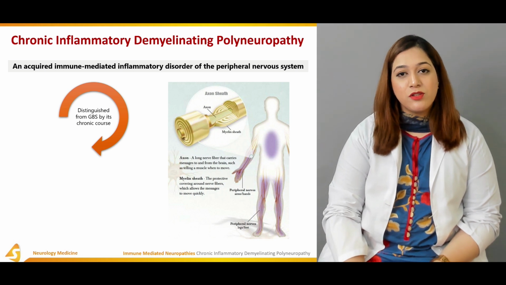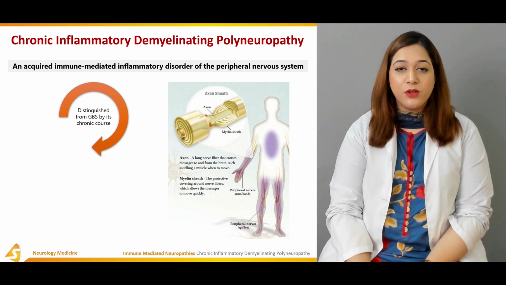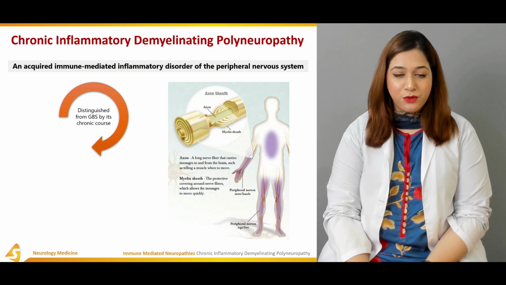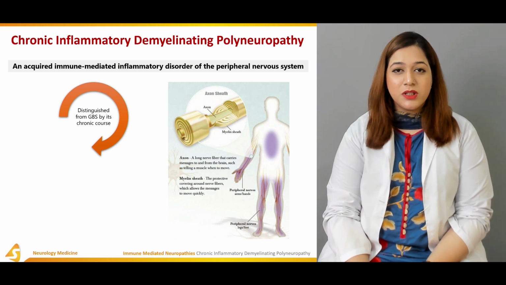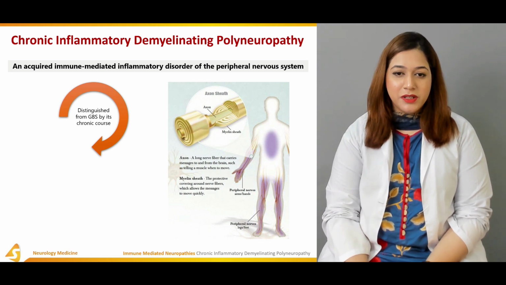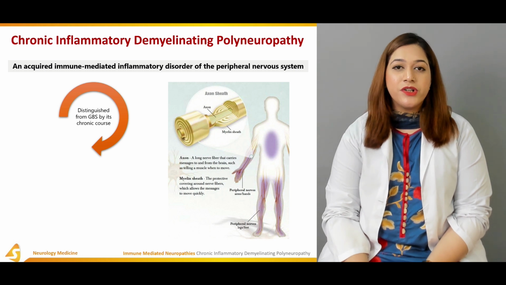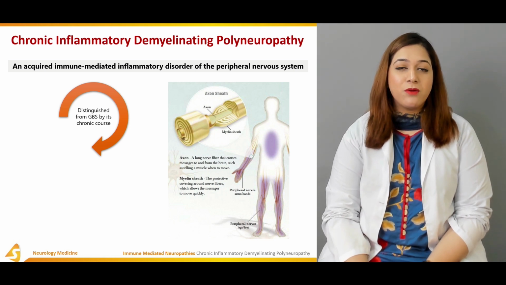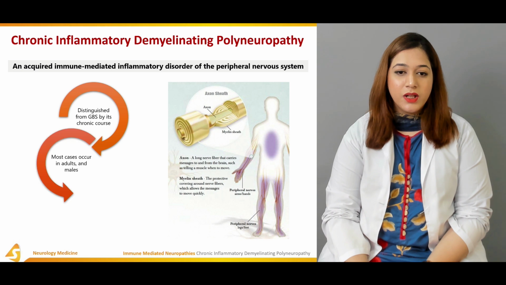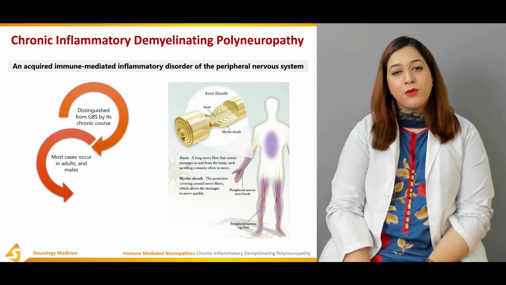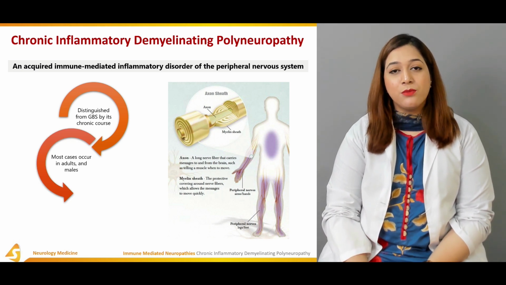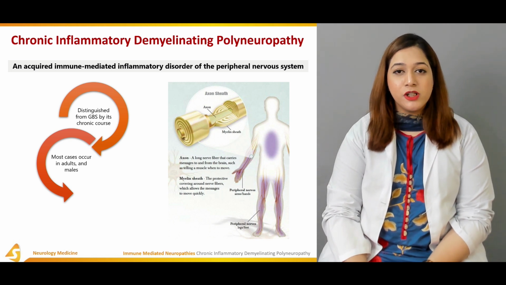It is sometimes thought of as the chronic form of acute inflammatory demyelinating polyneuropathy, which is the most common form of GBS. This chronic course distinguishes CIDP from GBS. All the demyelinating polyneuropathies occur more commonly in males and usually from middle to old age.